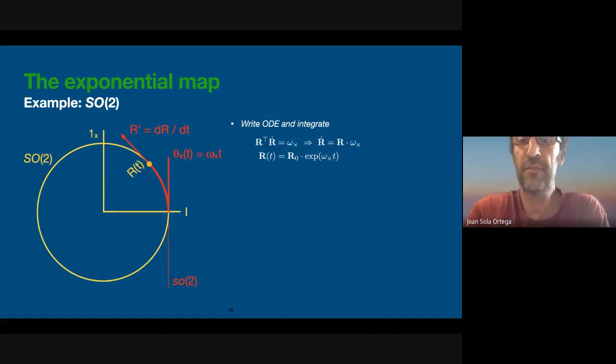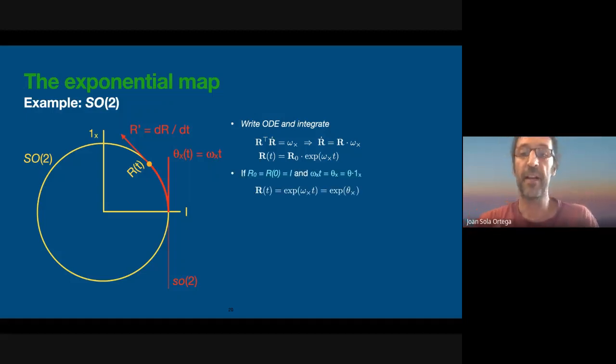If you differentiate this expression, you find the expression on top. So that's the integral. Okay, and we already have the exponential map here, just by mathematical integration of the differential equation.